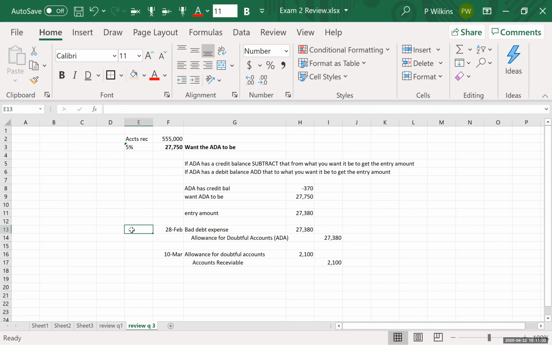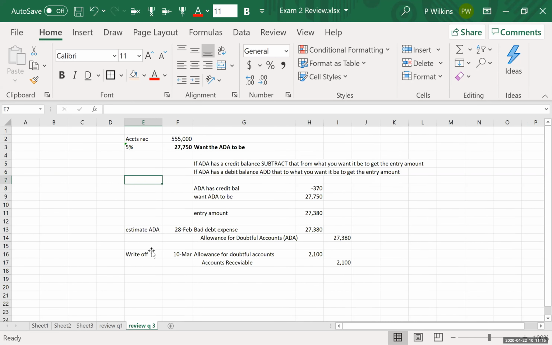So this top entry here is the estimate. This one here is the write-off. The second entry is the write-off when the debt goes bad.